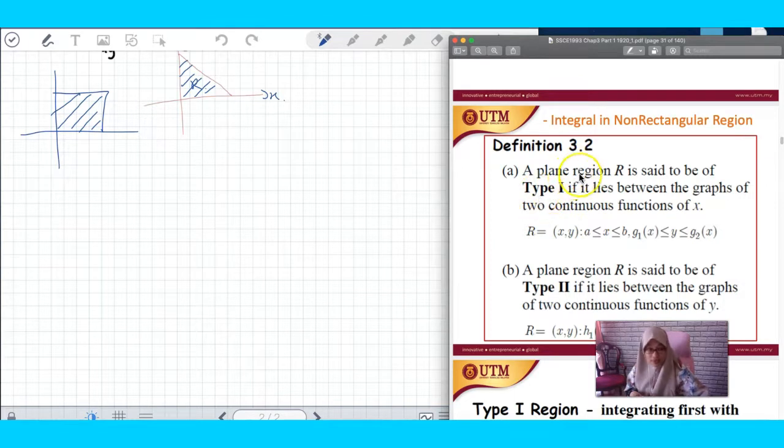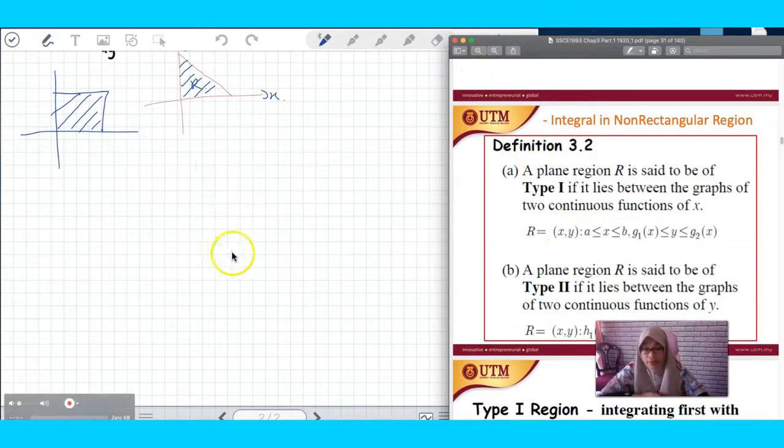So type 1 means we are talking about the limit itself. What can you see here? Maybe I have to put the slide on, just a second.